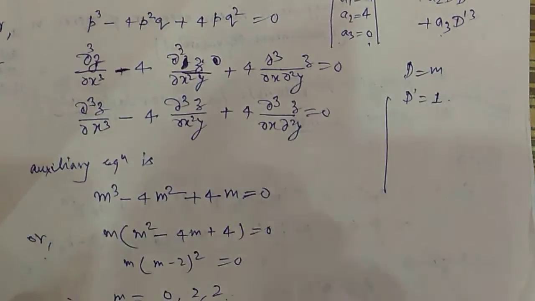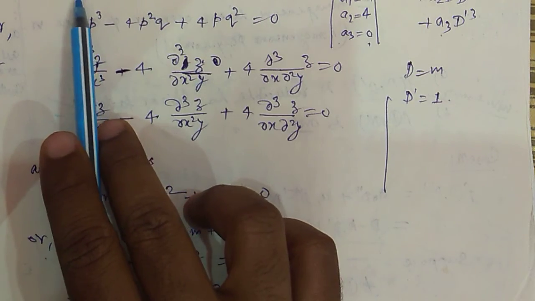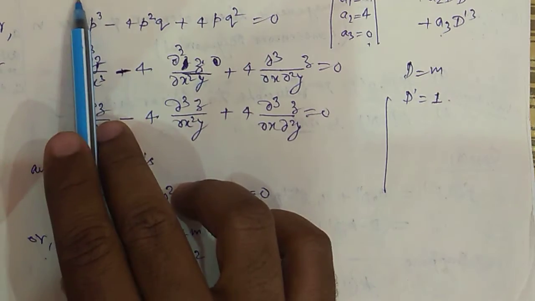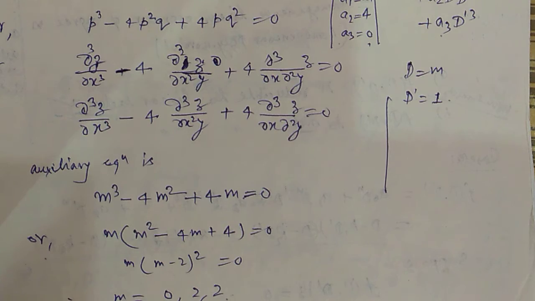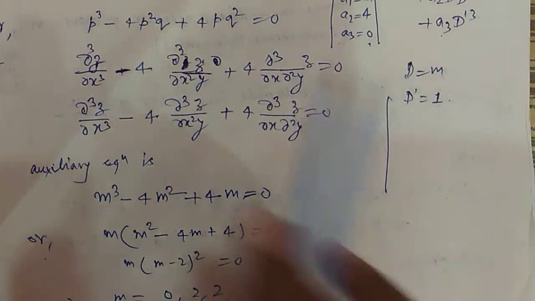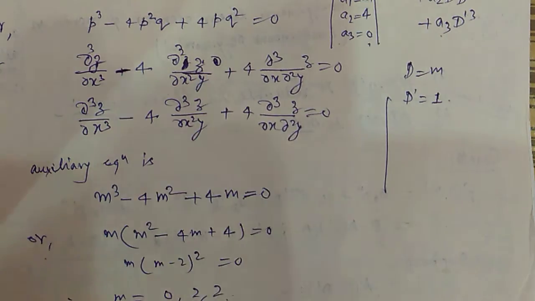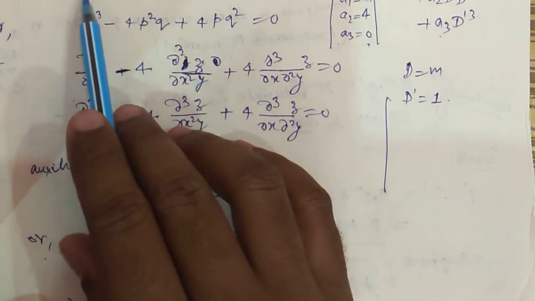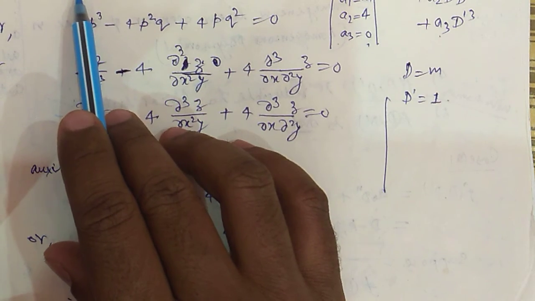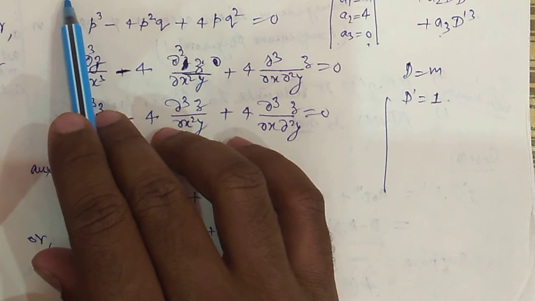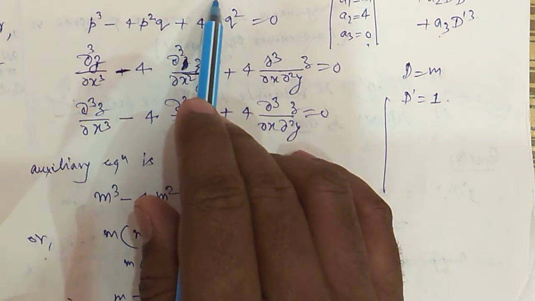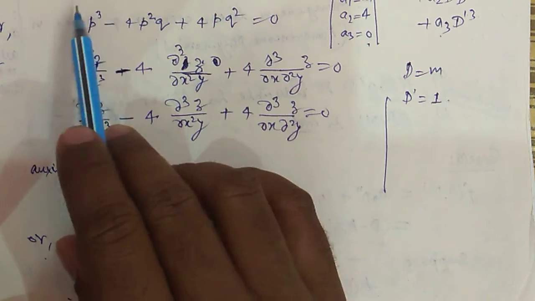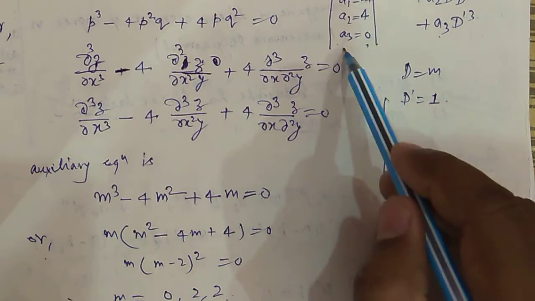Suppose we are solving the equation D cube minus 4 D square D dash plus 4 D D dash square equal to 0. This is a polynomial of degree 3 whose coefficient of D cube is 1 and of D dash cube is 0. So a0 is 1 and a3 is 0.